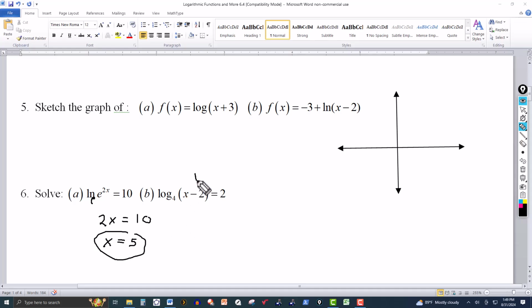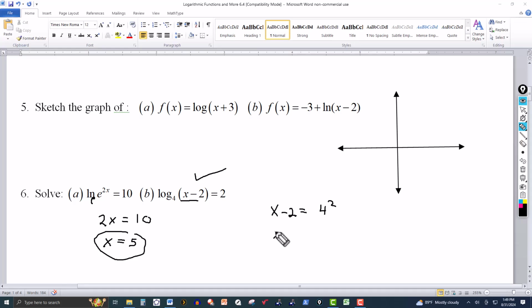This one we're simply going to use the definition of logarithm. We have the log of x minus 2 to base 4 equal to 2. We want to find x. So by definition, whatever this is, in this case x minus 2, that has to equal this base right there, which is 4, taken to the second power.